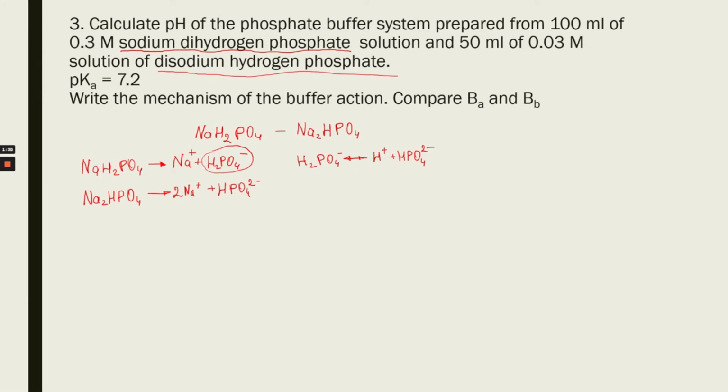Basically, that equation shows us the roles of both substances as per protolytic theory. We see that this ion will be the protolytic acid, it can donate a proton, and this is the protolytic base. So if we look at the system, that component is the protolytic acid, and that component is the protolytic base.